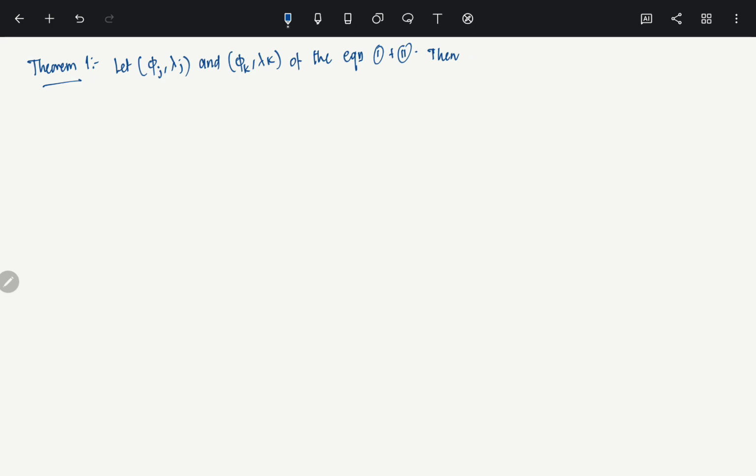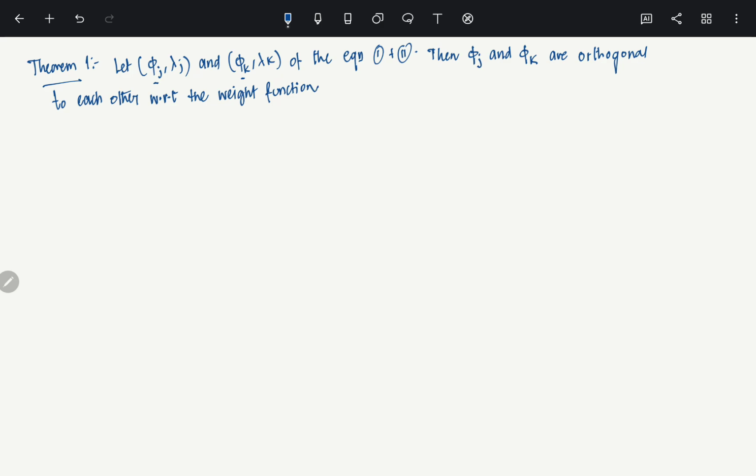Then we want to see what is the relation between this phi j and this phi k. Then phi j and phi k are orthogonal to each other, with respect to the weight function.